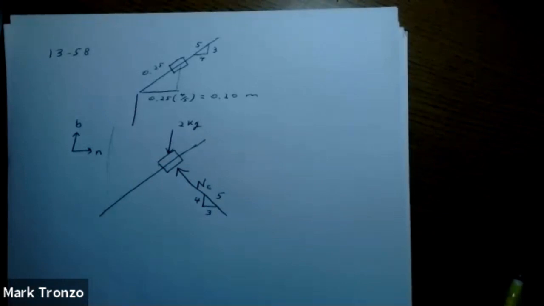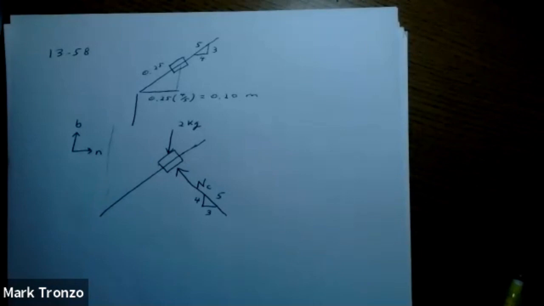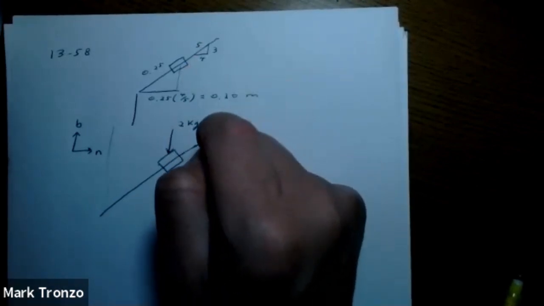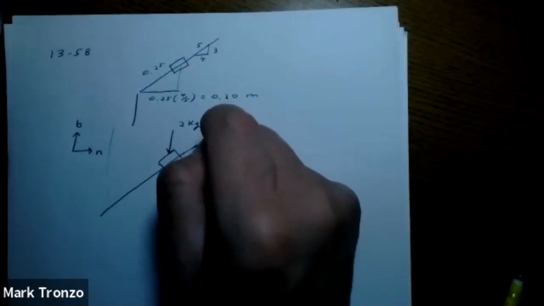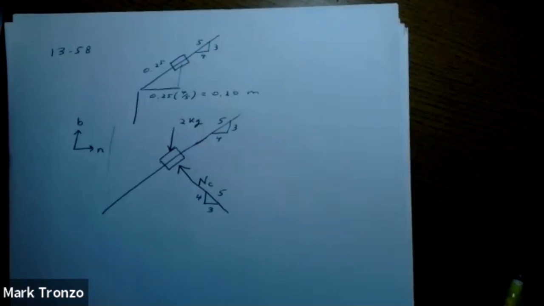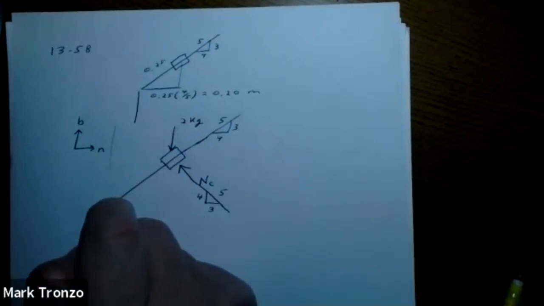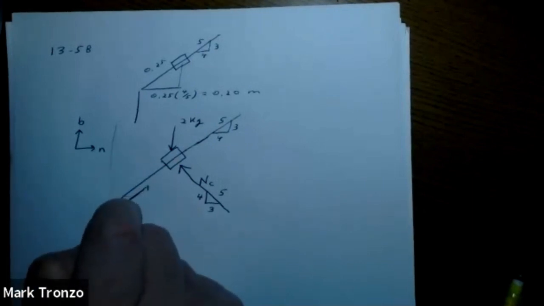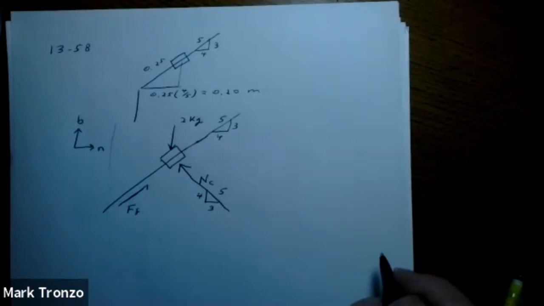This problem is kind of complicated as far as getting the geometry and all the directions right. This is a 4, 3, 5 triangle here. We want to keep it from sliding down, so the friction is going to work in the opposite direction. Our friction force is going to go that way.